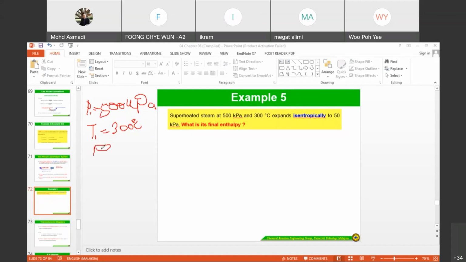P2, isentropic. And then P2 is equal to 50 kilopascal.